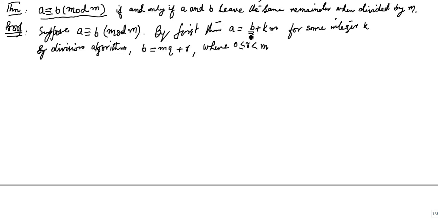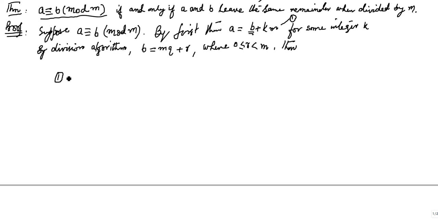So, according to the division algorithm, if B is divided by M, then there must be unique integers Q and R such that B is equal to M Q plus R and R is greater than or equal to 0 and less than M. Then we substitute the value of B in equation 1.